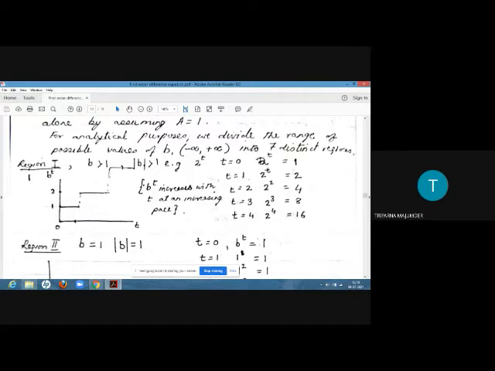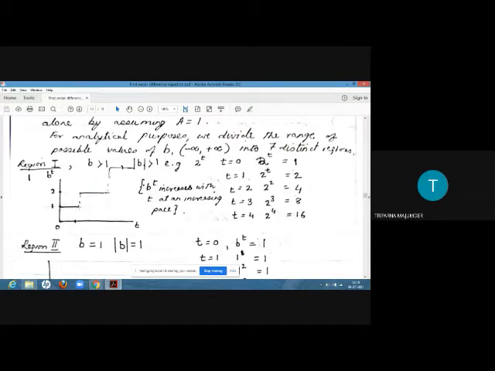When t is equal to 3, 2 to the power 3 is equal to 8, and this way we move on. So let us come to the figure or the graph. Here we are measuring the time, and here b to the power t. So when t is equal to 0, the value of b to the power t is 1.